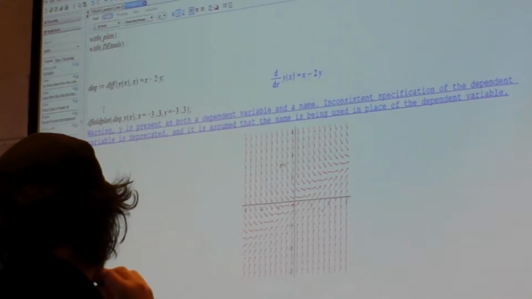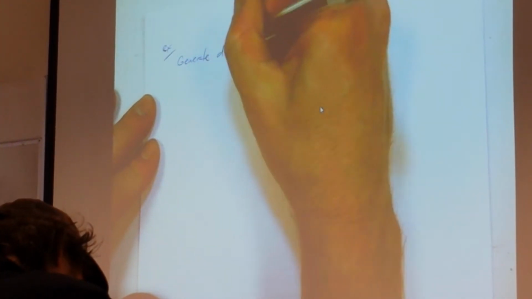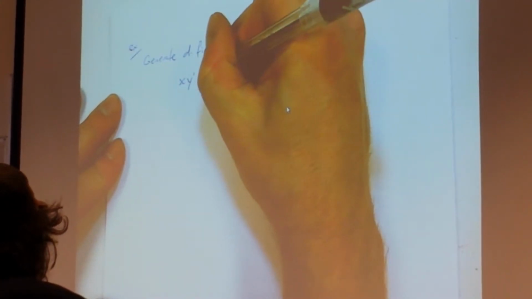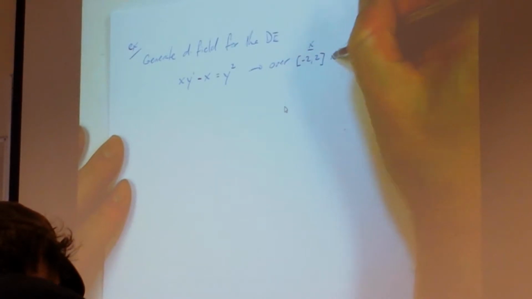So example, let's generate a direction field for the first order differential equation x y prime minus x equals y squared. Okay. And we'll do it over -2 to 2 on the x-axis by -2 to 2 on the y-axis.